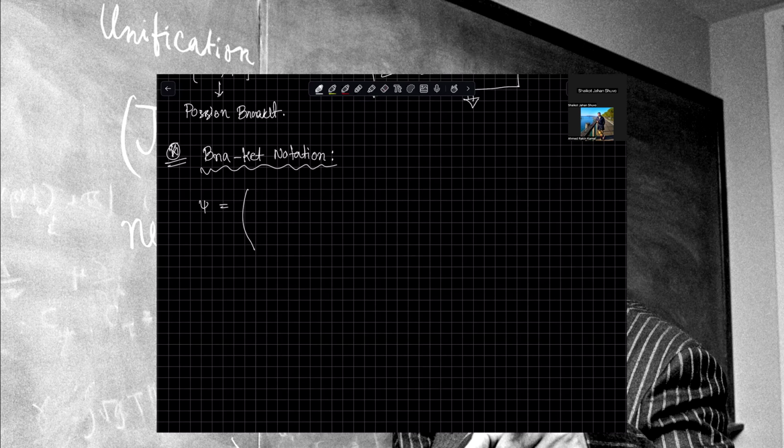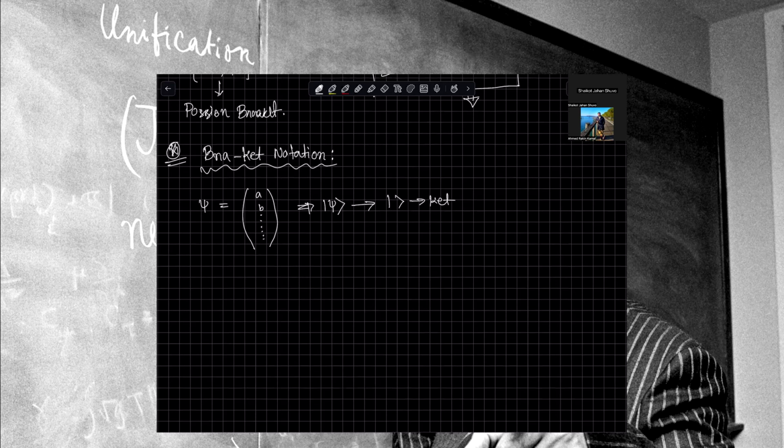So let's say you have a column vector like this. Instead of writing it just psi, we're going to call it a ket psi. So this arrow type of thingy is known as a ket. And let's say you have a phi, which is a row vector. This will be written like this. And this symbol will be known as a bra.